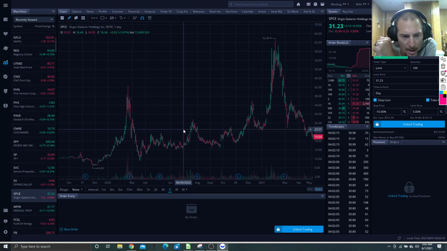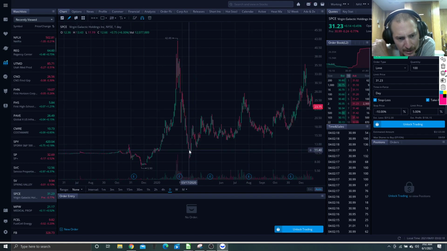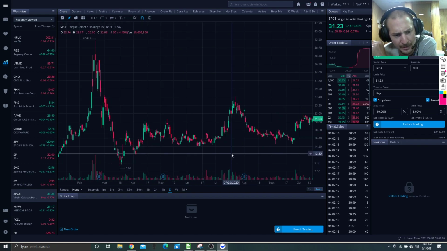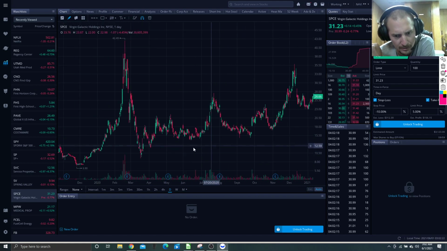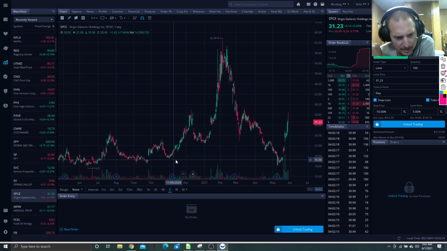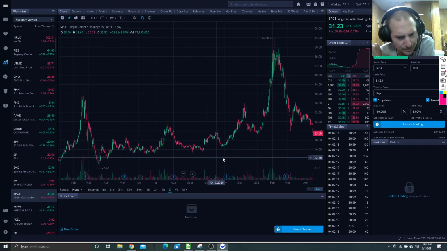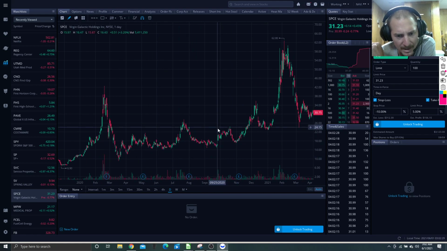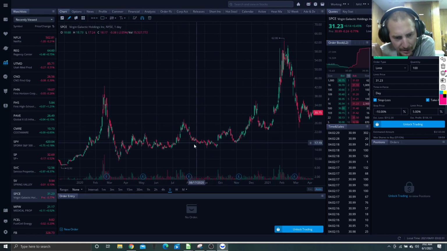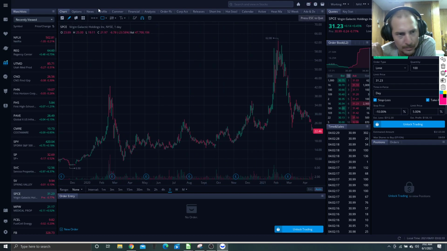So a supply and a demand zone is just a little bit different than a support and a resistance zone. What you're looking for when you're looking for these supply and demand zones are big price movements out of an area. So let me just circle a few here and show you what I'm talking about.